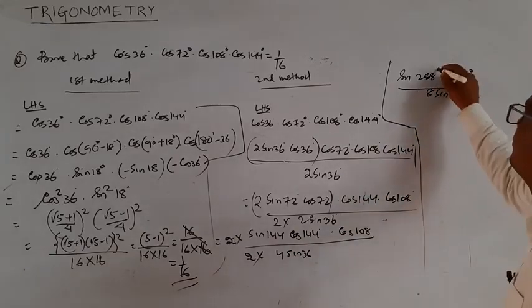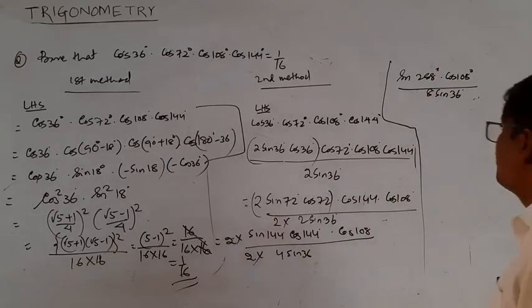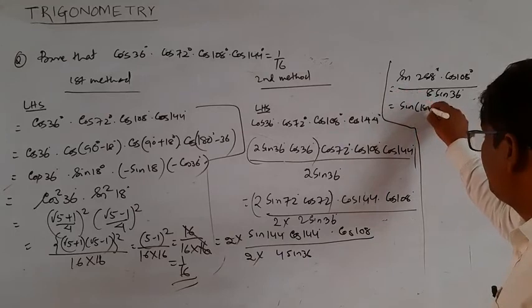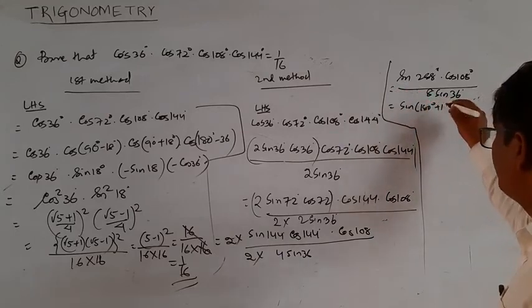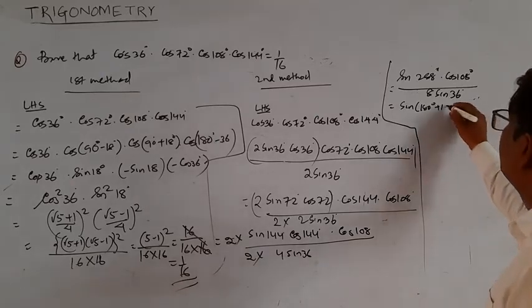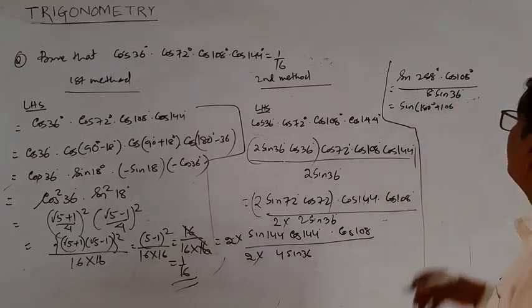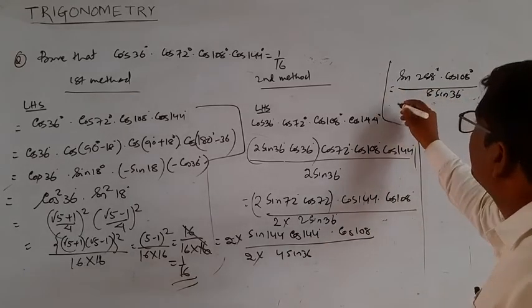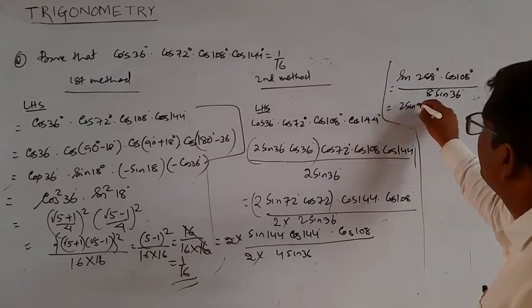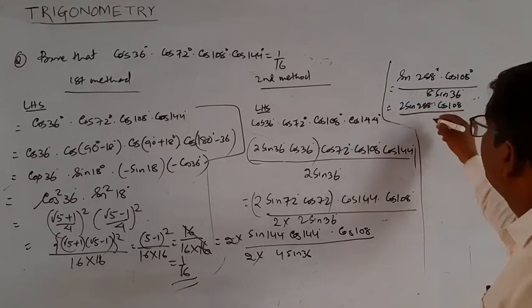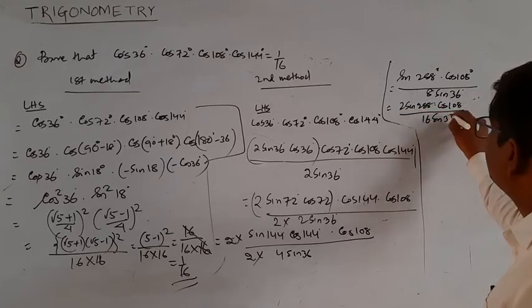Now this is 180 plus 108. So sin 180 plus 108. Okay, or you can apply 2 sin A cos B. So 2 sin 288 into cos 108 by 16 sin 36.